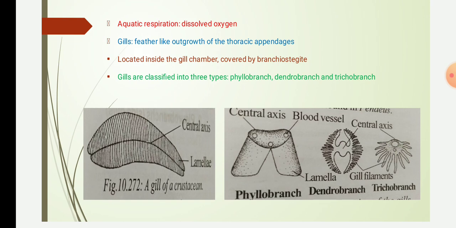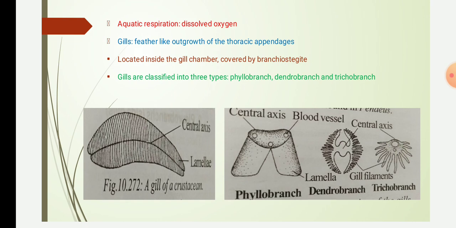The first one is gills, and gills are delicate feather-like outgrowths present on the thoracic appendages. These gills are located inside a chamber, termed the gill chamber, which is located on the side of the thorax.